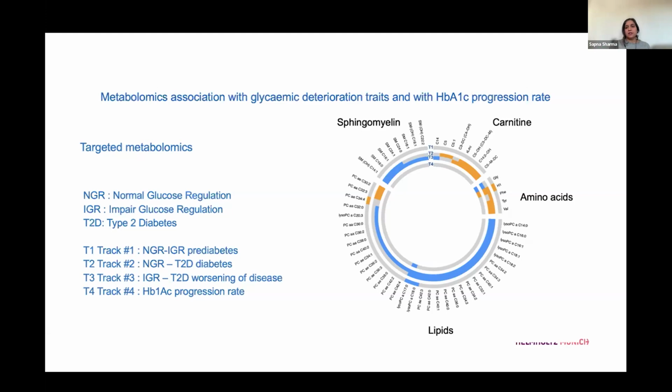And what you can see here is something which is known. For instance, glucose does play a critical role in all these stages. So if we find something that we know, it strengthens our finding and keeps us on the right track. Along with that, I found lyso-PC, which you already heard about in the adolescent study, playing a role in all of these 4 tracks.